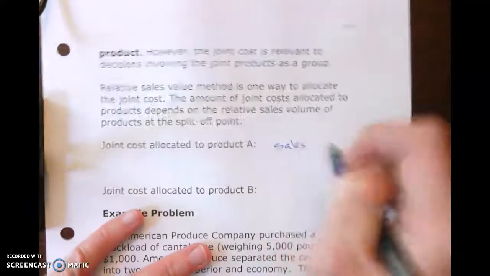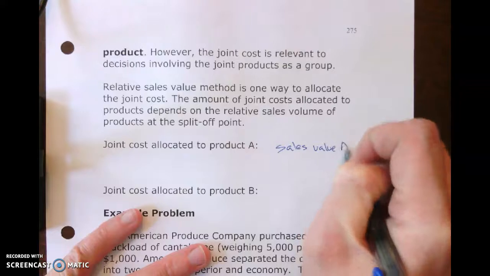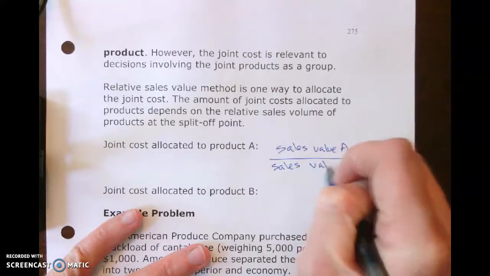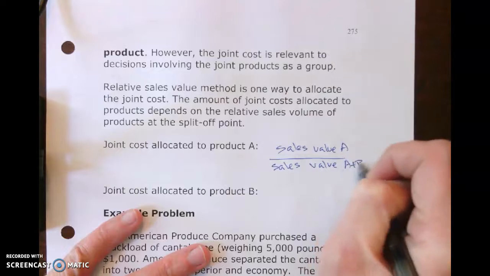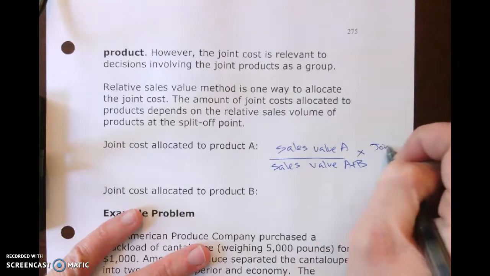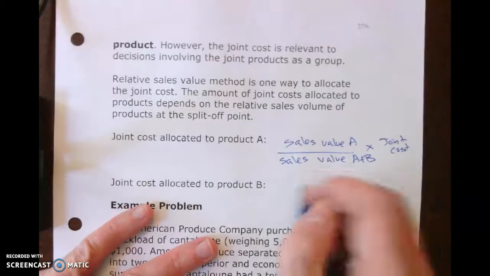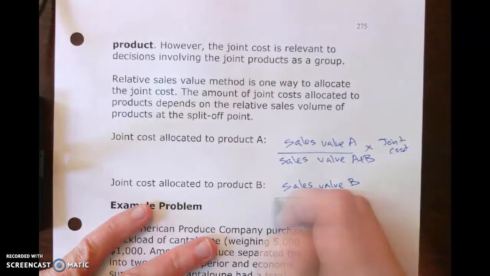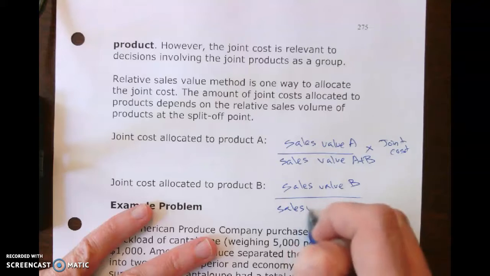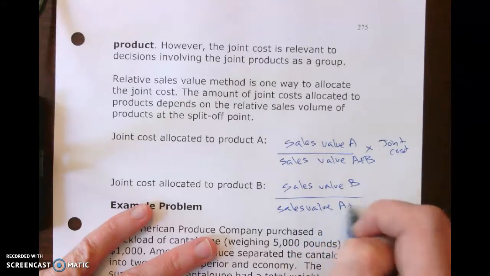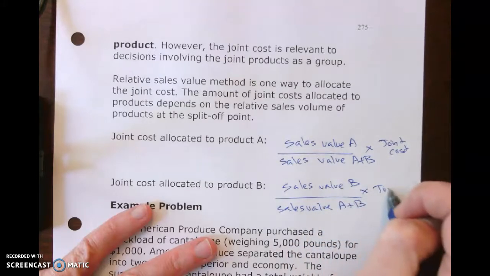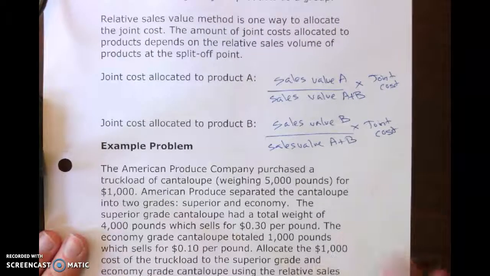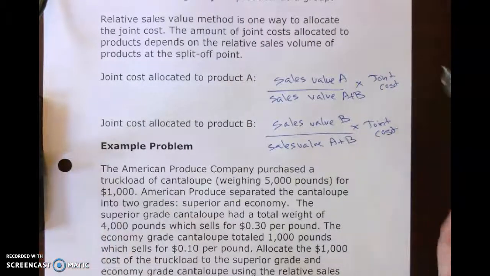We say sales value A divided by sales value A plus B, times our joint cost. And then sales value B divided by sales value A plus B, times our joint cost. That's the formula that we use to allocate those joint costs to those products.